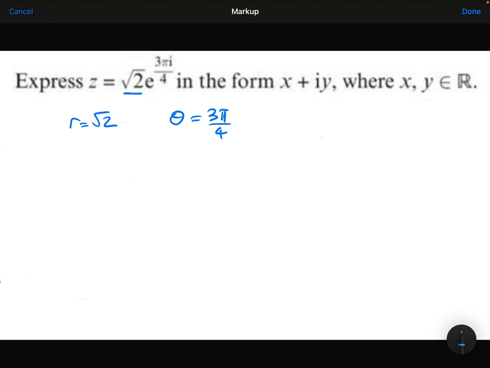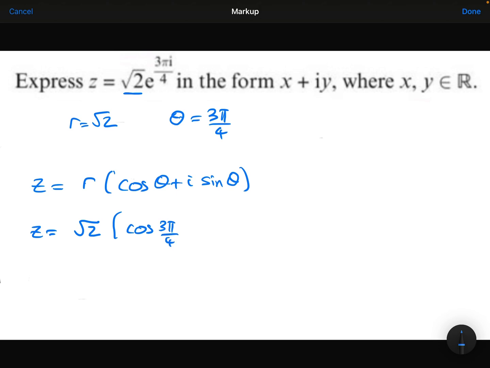If I write this in modulus argument form first, r cos theta plus i sine theta, so root 2 times cos 3 pi over 4 plus i sine 3 pi over 4.